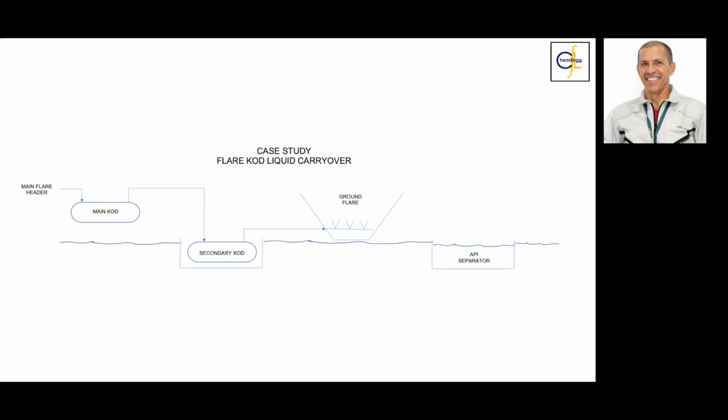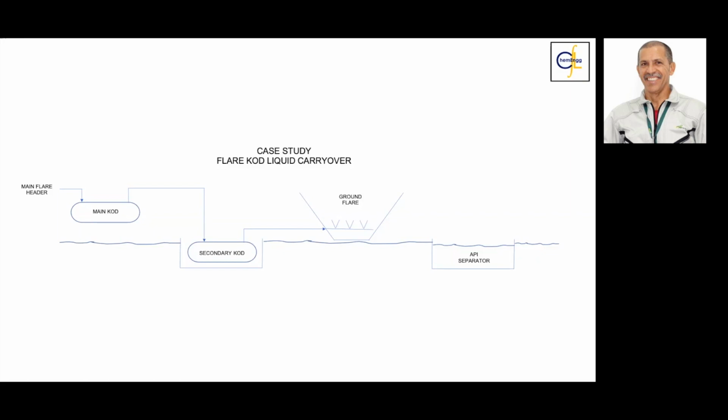For the headers, we noticed that some headers required to be interconnected, as we did before for train A and B, because the capacity was not enough. The problem was the back pressure for the pressure safety valve, which was very high. They had selected, for example, a conventional valve, and for the back pressure, they required it to be changed to a pilot valve, but they don't want to do this.